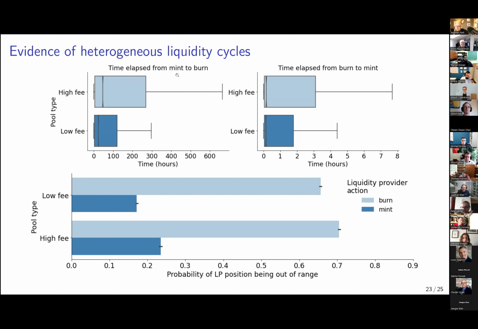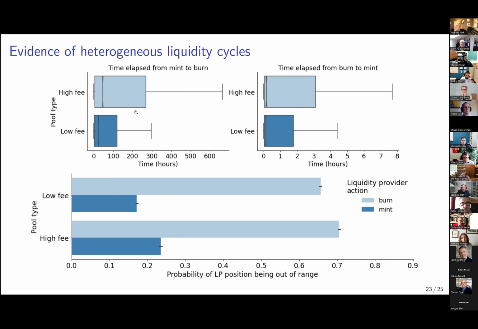The time elapsed from minting, from depositing liquidity to removing it, to rebalancing it, is for both high and low fee pools, on average, around 50, 60 hours, right? So it takes 2 or 3 days on average, which is passive, and it has a very long tail.